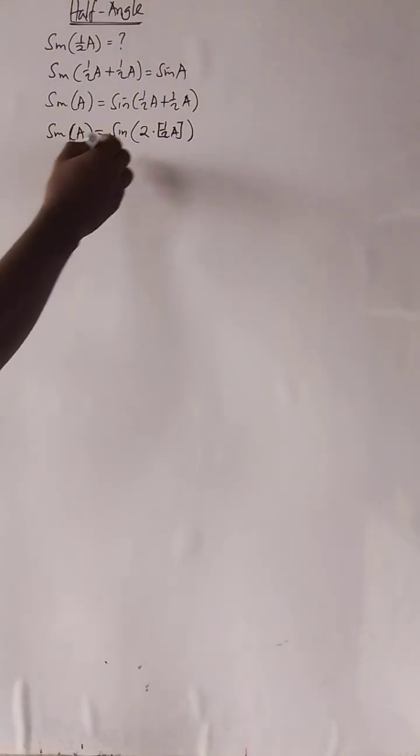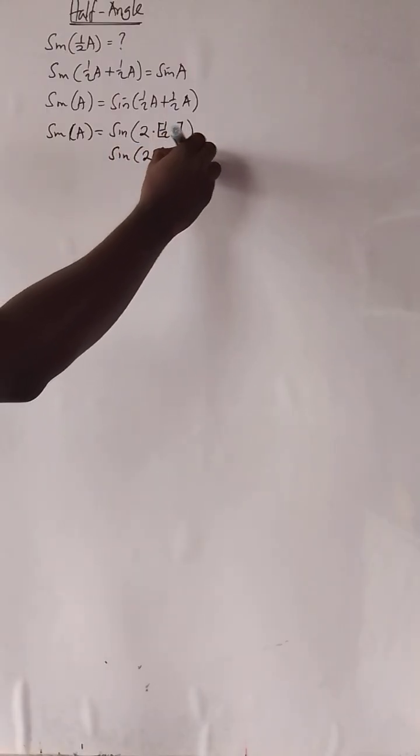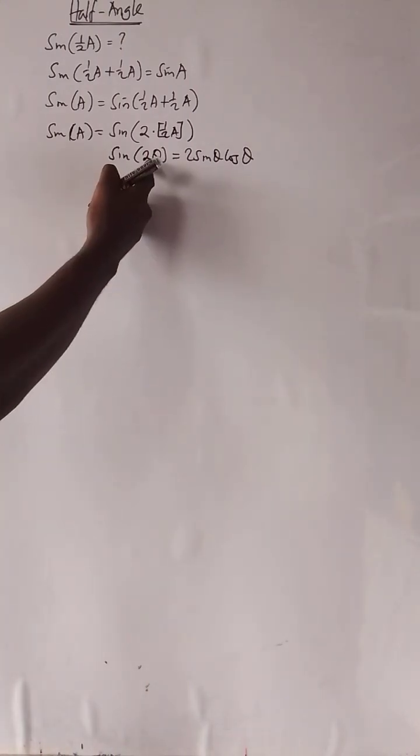So what is the identity for sine 2A? In this case, I'll call it sine 2 theta. Sine 2 theta is what? 2 sine theta cos theta. So in this case, our theta is what?